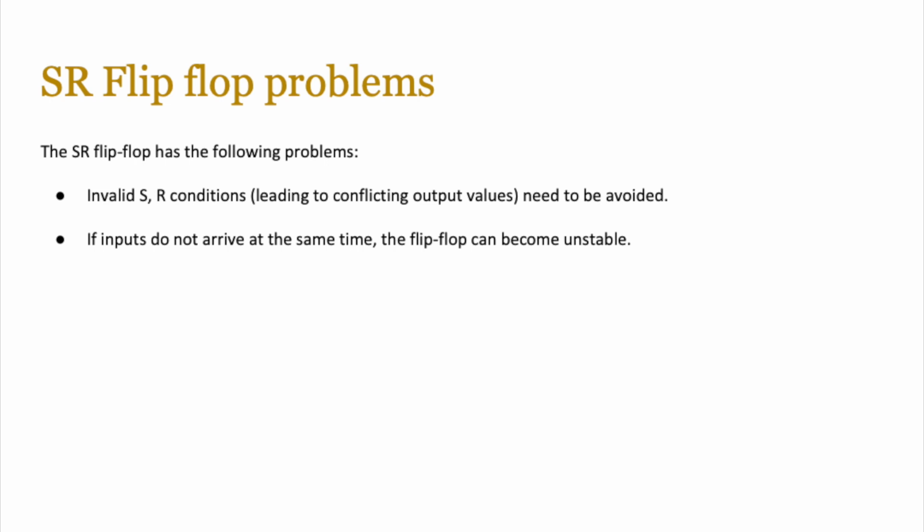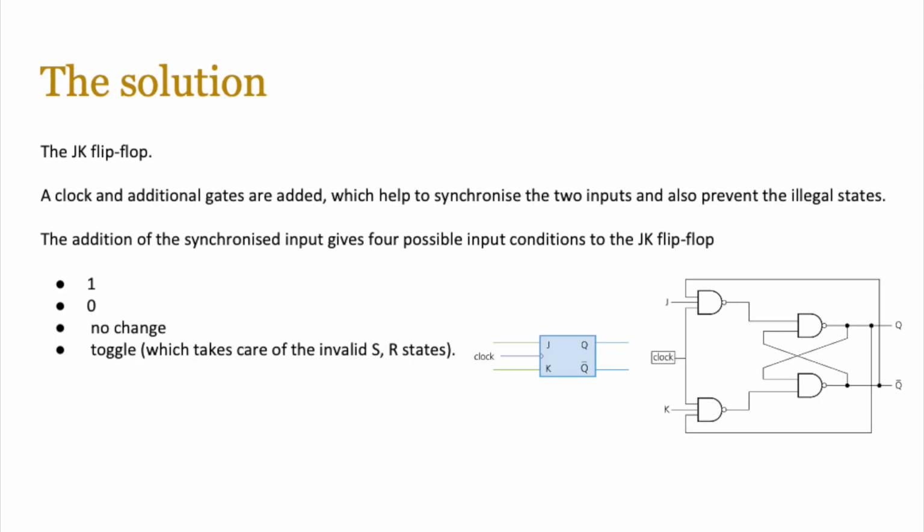Well, the solution was invented by an engineer called Jack Kilby, and his name now goes with the flip-flop called the JK flip-flop. To overcome the problems of the SR flip-flop, a couple of additional elements were added to its design: a clock and some additional gates, which help to synchronize the two inputs and also prevent those illegal states where you end up with 1 and 1 for the inputs and 0 and 0 for the output.